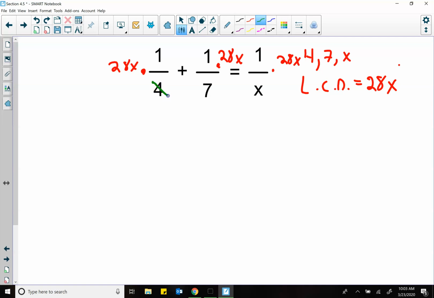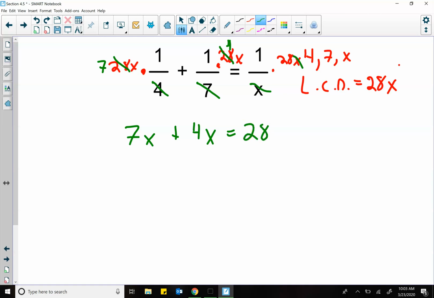So this 4 cancels out with some of that 28, leaving you with a 7. So 7x times 1 is 7x. This 7 cancels out with that 28, leaving you with 4. 1 times 4x is 4x. Equal to, these x's are just going to cancel each other out, and 1 times 28 is 28.